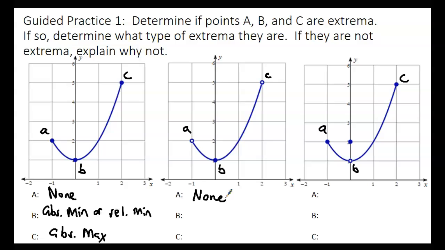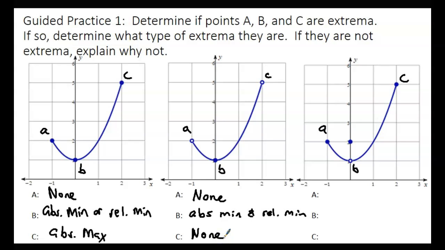There's not even a point there anyway, so it's just none. How about B? It's the same as the other one, right? How about C? That's a none. Now, why is it a none?